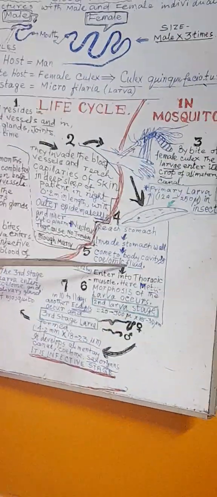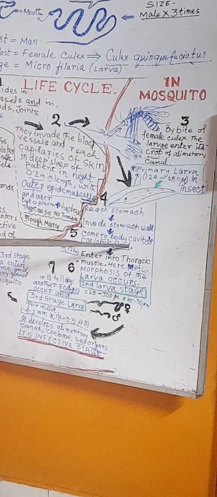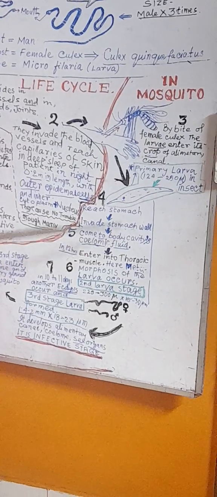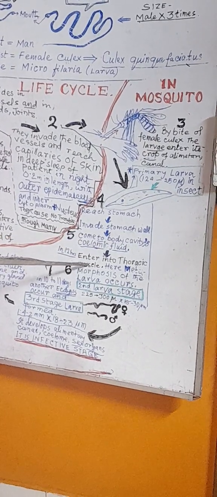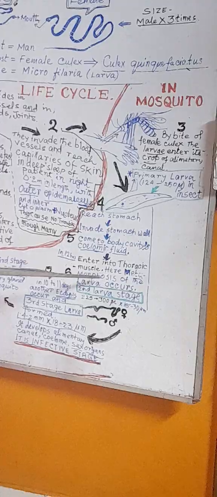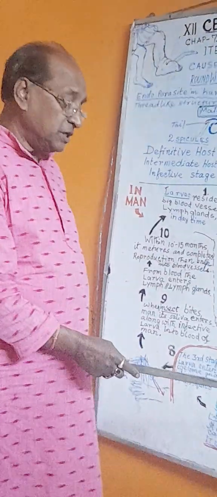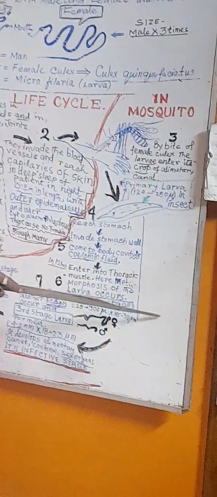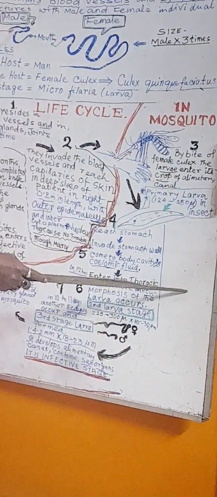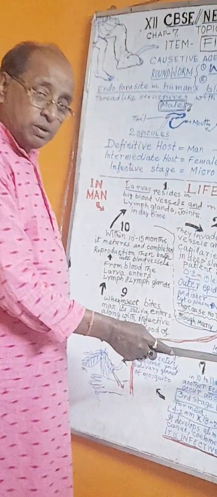This very larva goes to the body fluid, and there they remain and enter into the thoracic muscle. I had the tendency to give the structure of this alimentary canal and how they come from the stomach to the body, and it should be drawn.